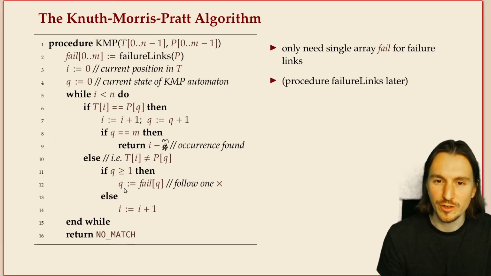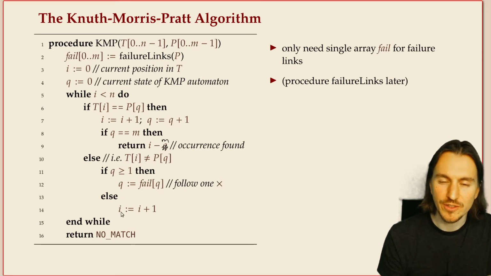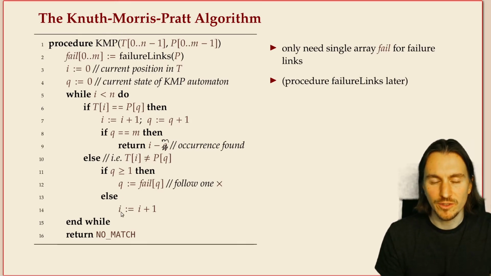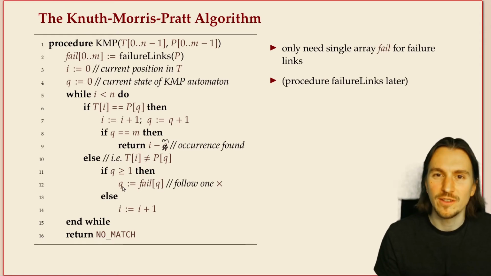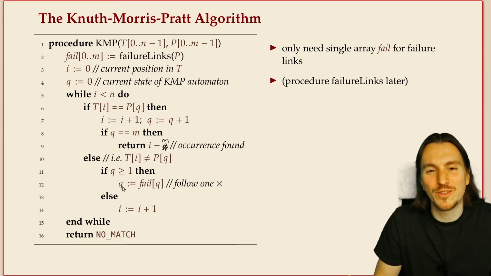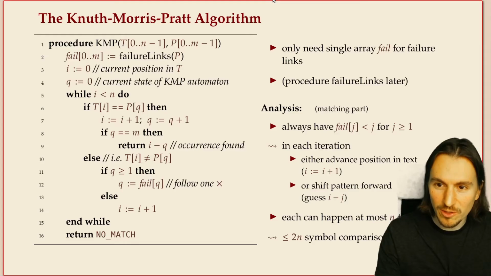And then we just move our state there. If we are in the initial state, then we advance and go to the next character. Then there was just no way to find that character. This maybe doesn't occur at all in the pattern string. That's fine. Then we just stay in the initial state, which says we haven't seen any part of the pattern. That's how this code works.